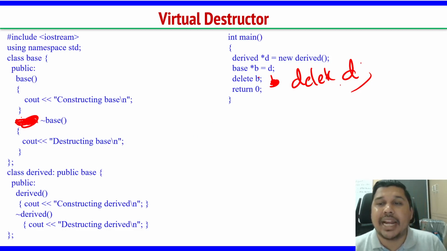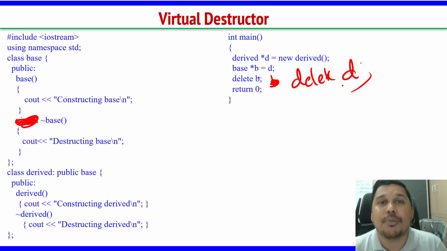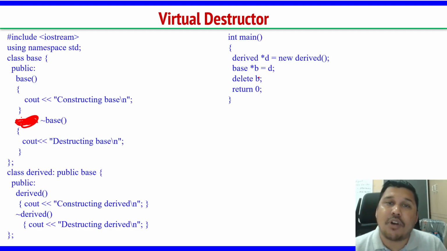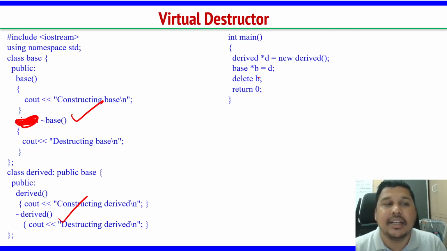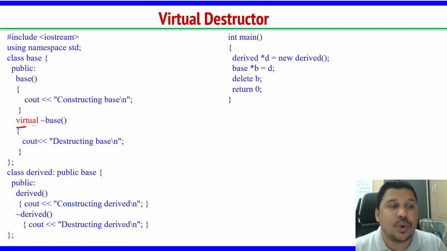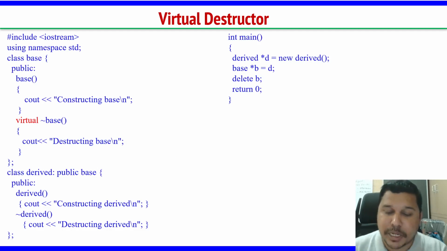When you write delete B and delete D, it's very simple, it will call both the destructors normally. But if I'm not writing that statement and I want both functions to be executed automatically, you have to make one of them virtual. In that case, this will work. This is about virtual destructors in C++.